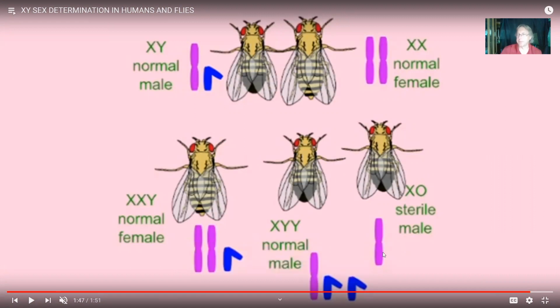And so if the XY system in flies was identical to that of humans, then this individual would be female because they don't have a Y chromosome. Whereas in flies, they are male. Whereas in humans, this individual would be male, whereas in flies, they are female. So while the Y chromosome is involved in gender, it's the ratio of the chromosomes which is what's going to absolutely determine gender, not the mere presence of a Y.